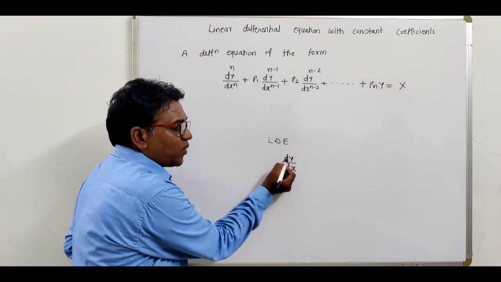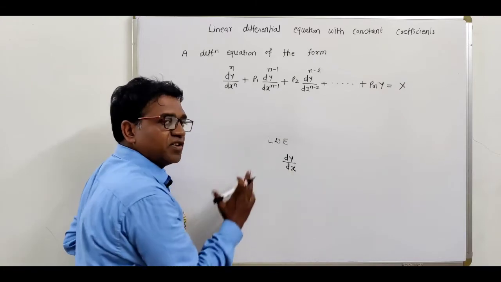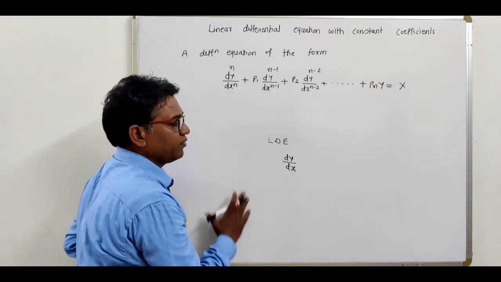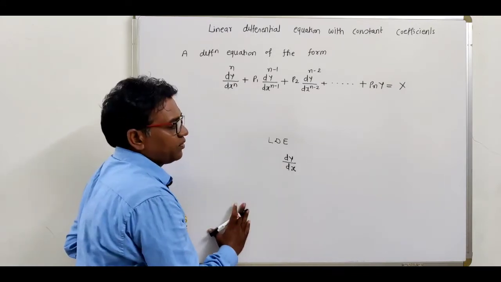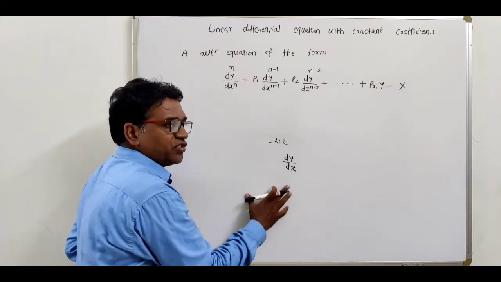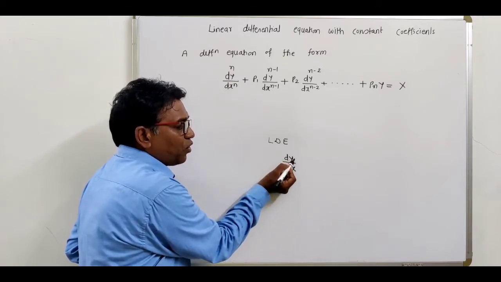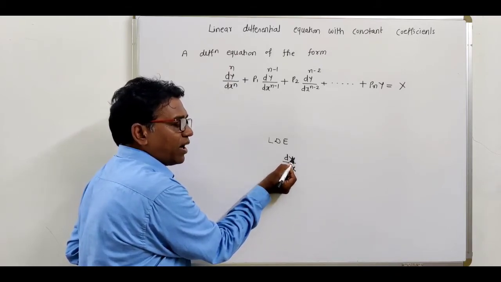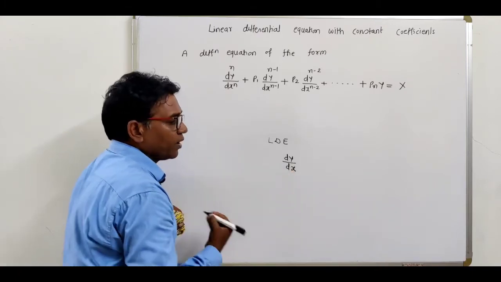In this notation, this y is called the dependent variable, and this x is called the independent variable.